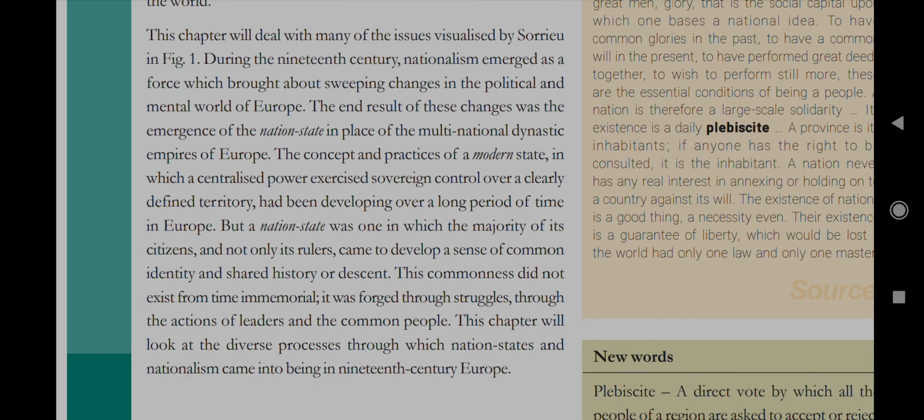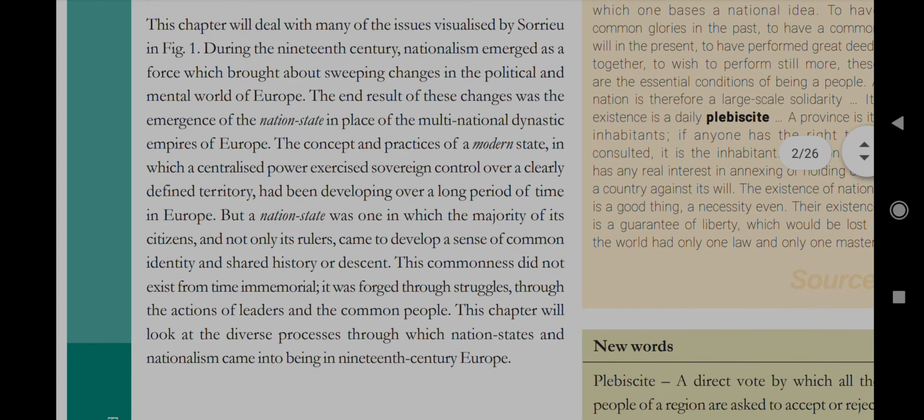This means that a central authority ruled over the whole state, and it had a clearly defined territory. That is, it knew its boundaries, it knew how much area it had under its rule.